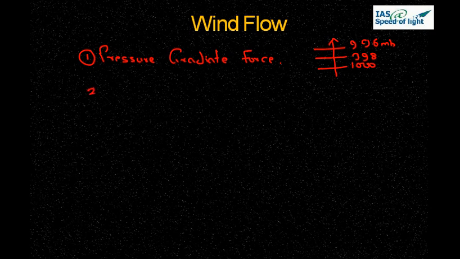The second is the Coriolis force. Coriolis force is the influence of Earth's rotation on the objects that are not attached to the Earth. So I'm again repeating, this force acts on the objects which are not attached to the surface of Earth, and it happens because of the rotation of Earth.